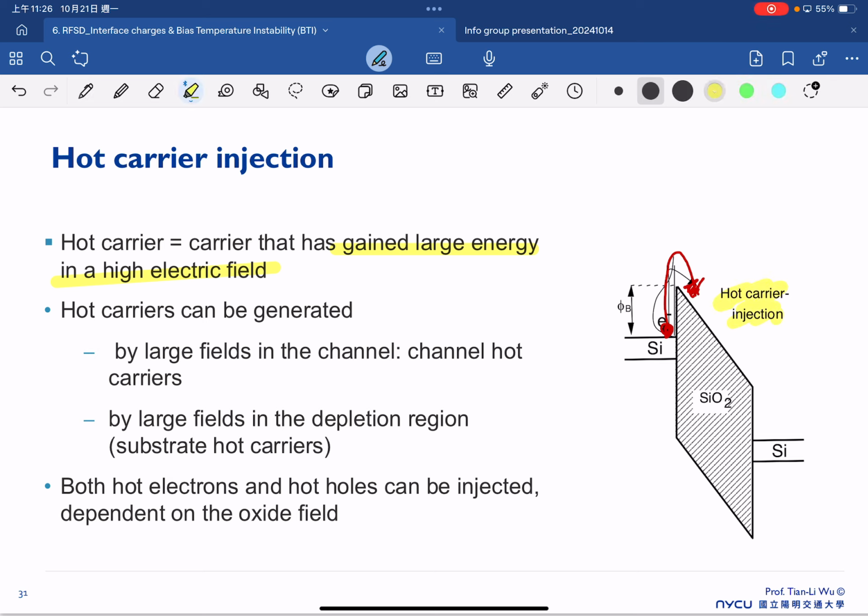Hot carriers can be generated by large fields in the channel, so that's what we call the channel hot carrier, or by a large field in the depletion region here. So hot carrier implies not only electrons but also holes as well. That purely depends on our electrical field.